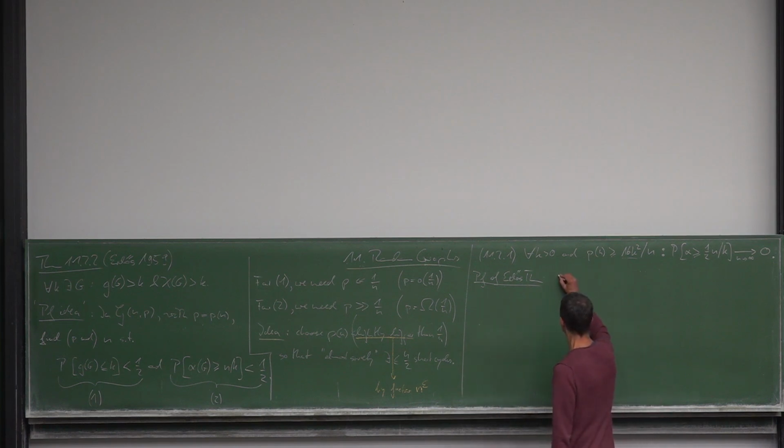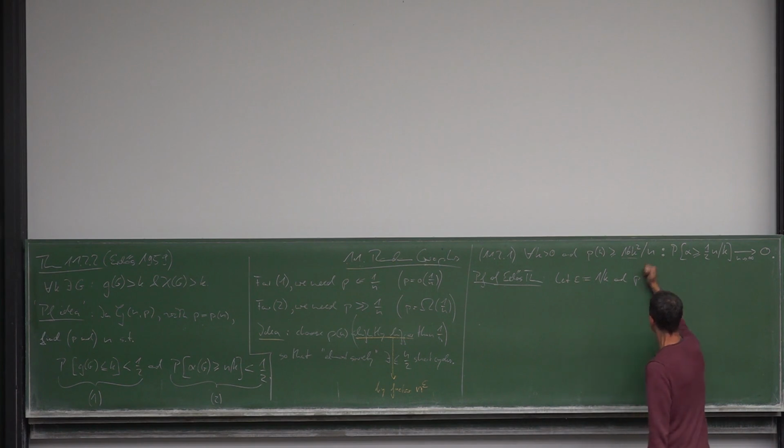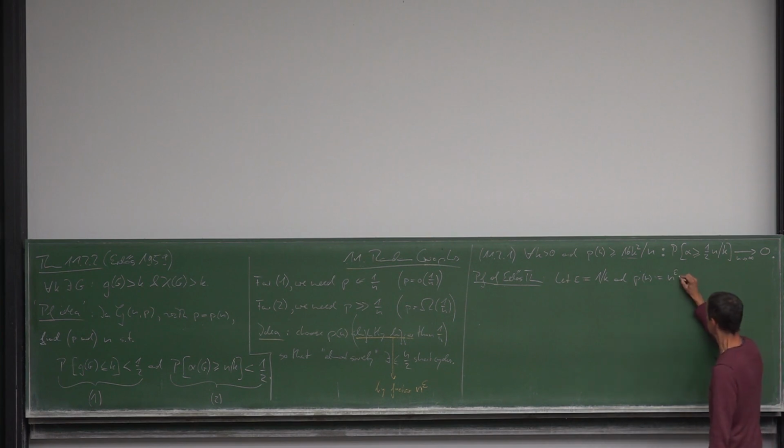So let epsilon be 1 over k, so k is given, right? And p, or p of n, to be n to the epsilon times 1 over n.